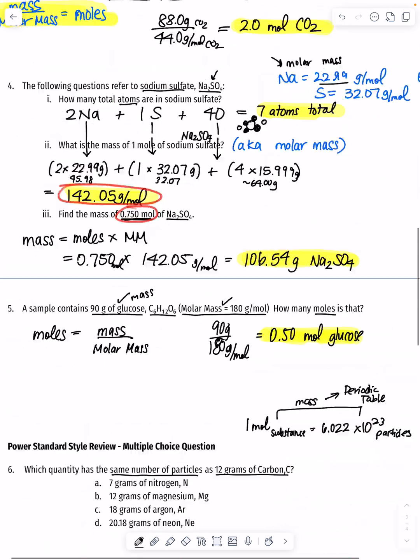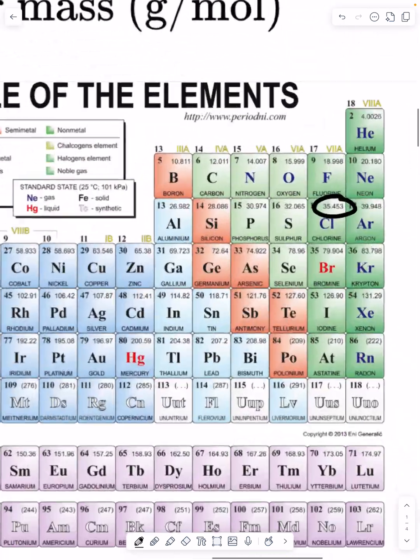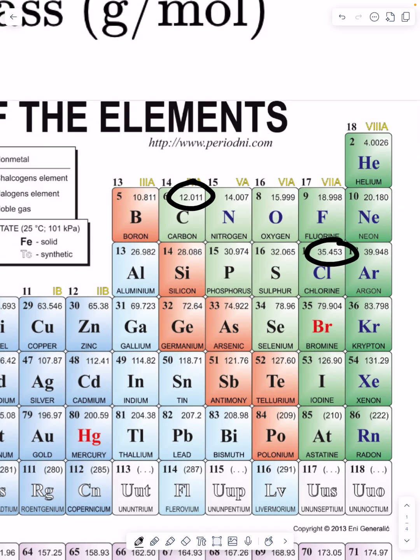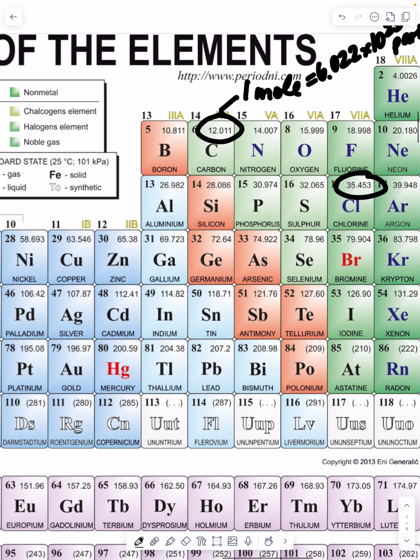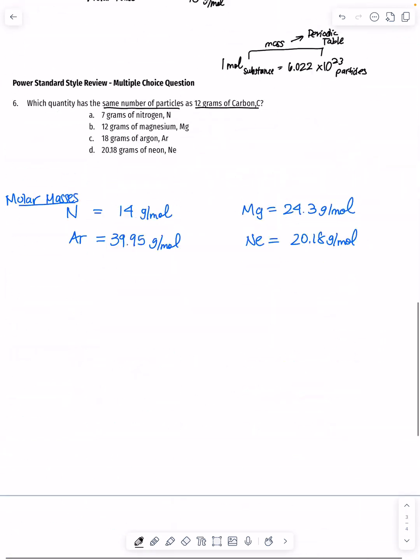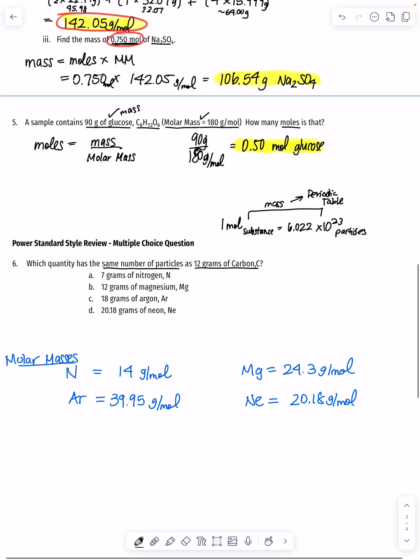Well, if I look on the periodic table, carbon has a mass of about 12.0. This is 1 mole, which is 6.022 times 10 to the 23rd particles. So what this question is asking is which also has 1 mole?